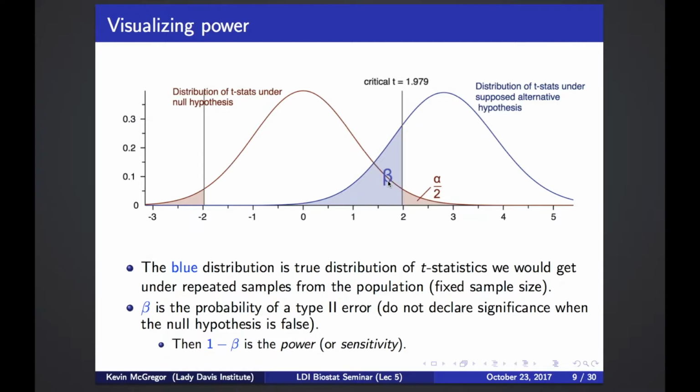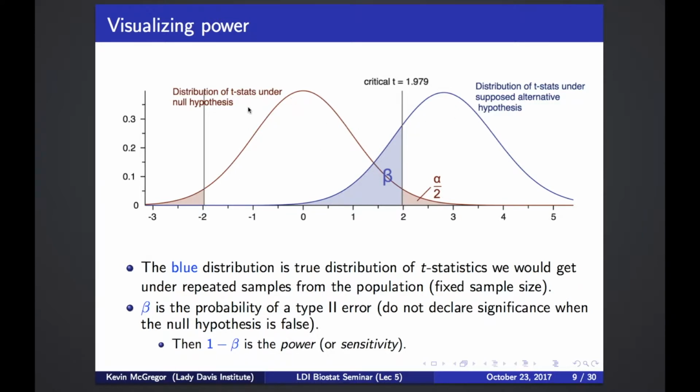We would be comparing our observed t-statistic to this red distribution. The blue distribution, however, is the distribution of t-statistics that we would get under repeated samples from our population if our population was under the alternate hypothesis, so the supposed values that we came up with.